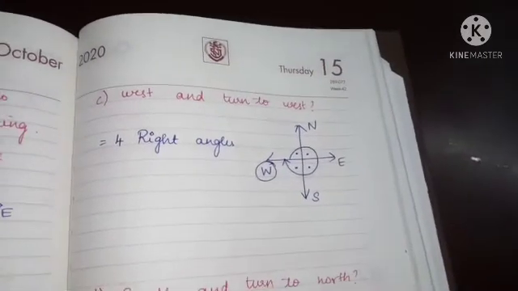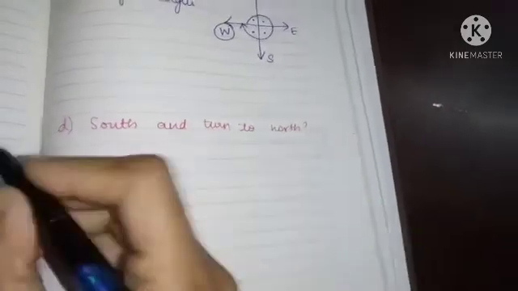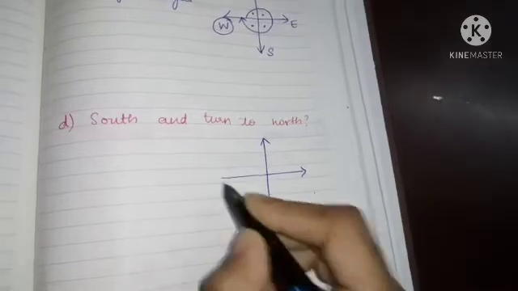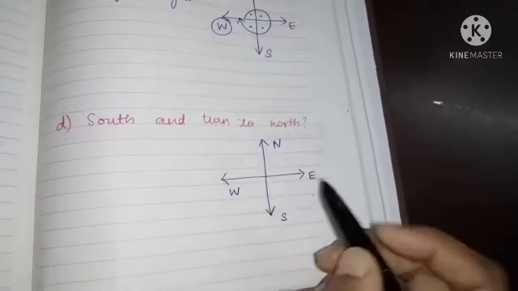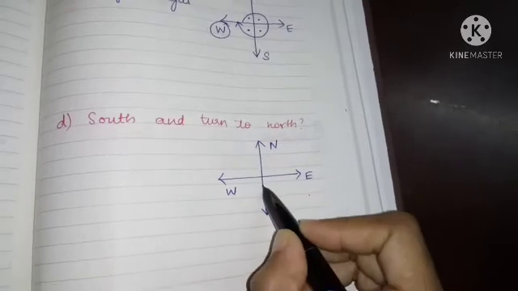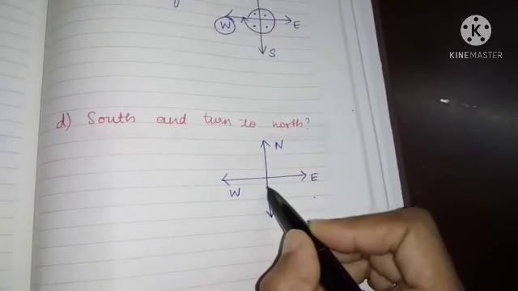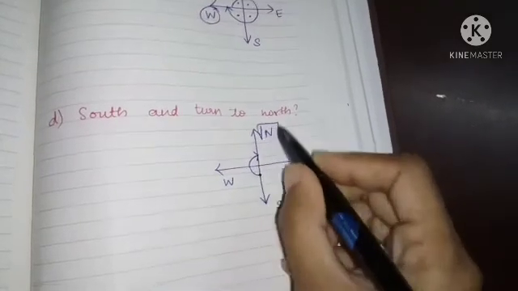Any direction is enough. Next, south and turn to north. Here also you can use any direction. North, south, east, west. So you are at south, correct? I am going in a clockwise direction. You should reach north. You have reached north.